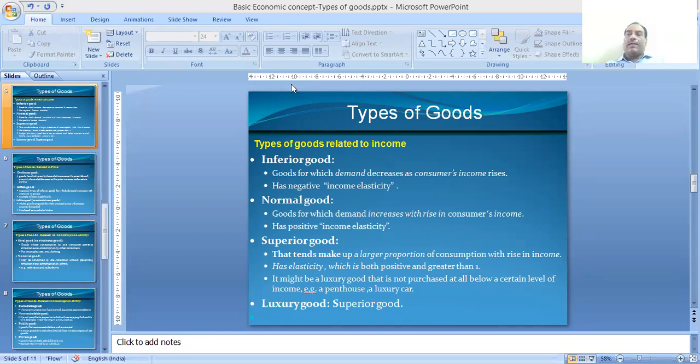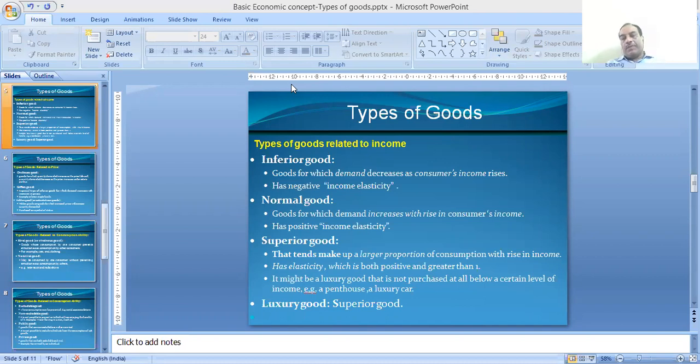Then the third category is superior goods, which tend to make up a large proportion of consumption with a rise in income. It is natural that we try to shift from inferior to normal and then to superior goods as our income goes up and up.